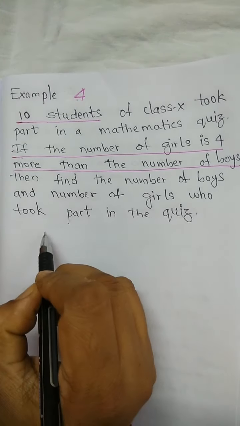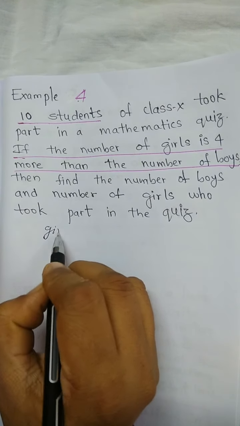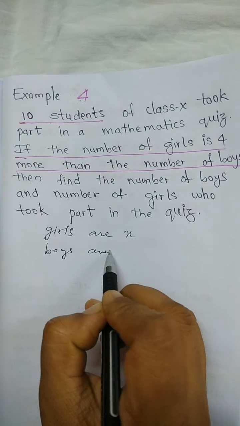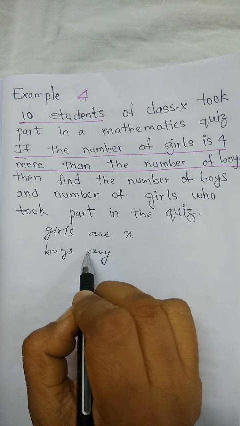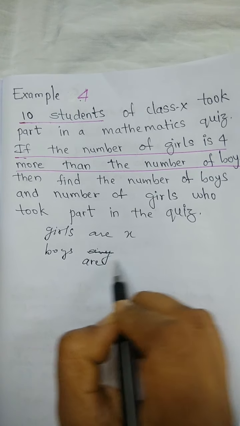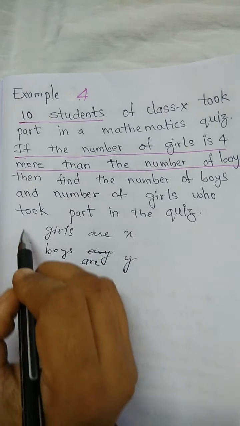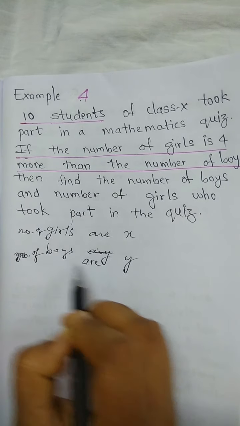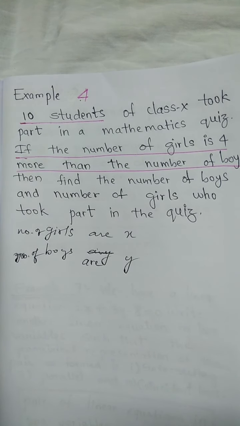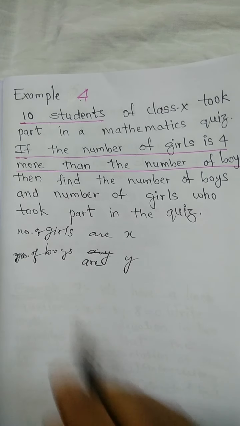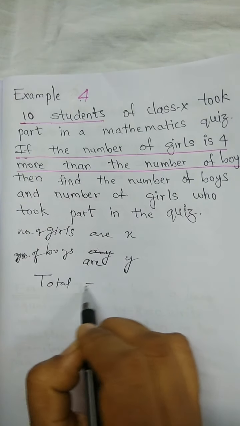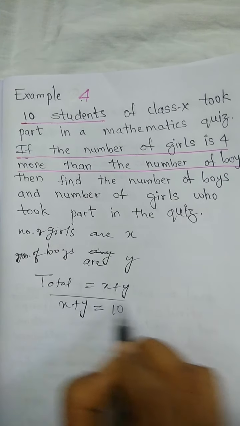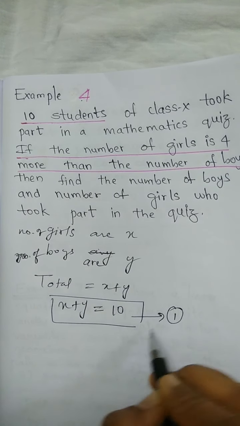Suppose the girls are X and the boys are Y. Number of girls is X, number of boys is Y. So how many total students then? X plus Y. X plus Y is given as 10 students in total. Okay, this is the first equation.